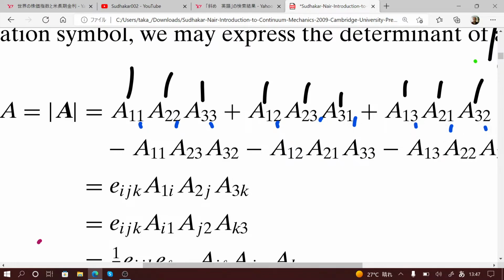So if this ijk is an even permutation of 1 2 3, you have sign plus, and here ijk is an odd permutation of 1 2 3, 2 1 3, 3 2 1.